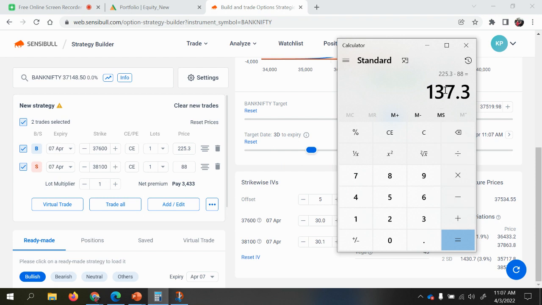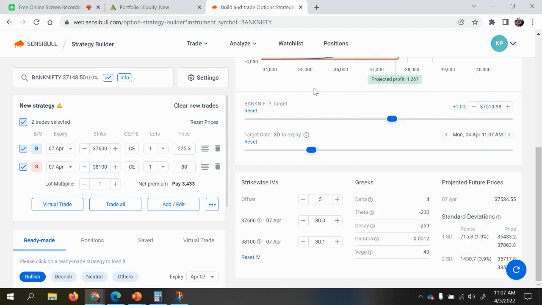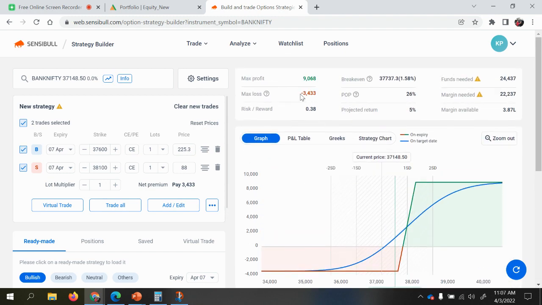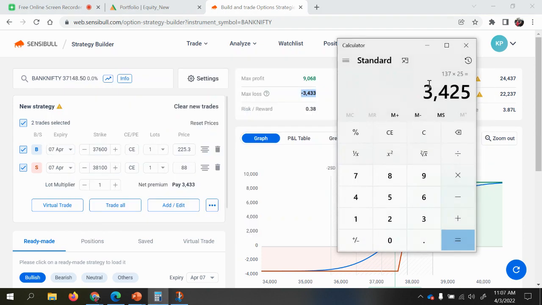So this is almost 137. One Bank Nifty lot is 25, so 137 into 25 is 3425, almost, because I've not considered the decimals. So this is your maximum loss.